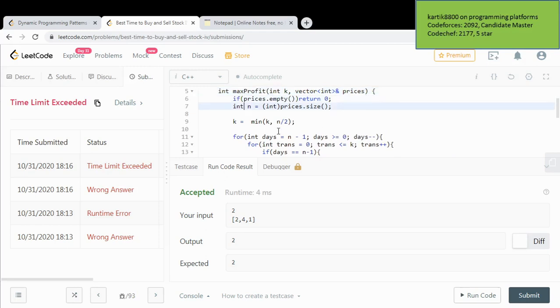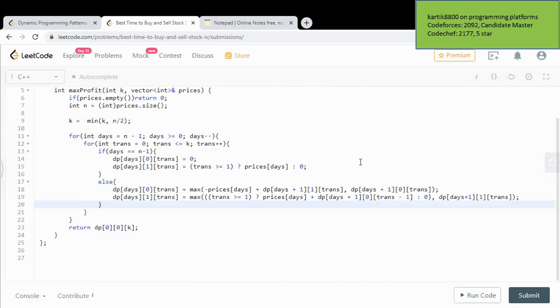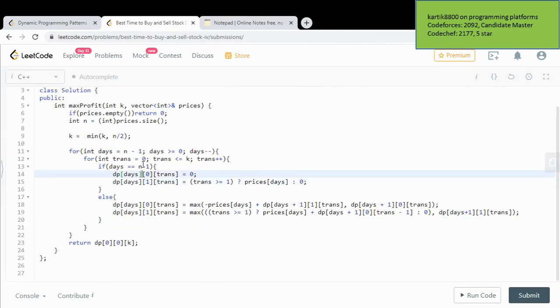So if I change these dimensions here, there's something known as locality of reference and caching, and that becomes better overall, giving me a better runtime. I'll tell you why this happens in the comment section if it works. If it does not, then we'll do the other thing.